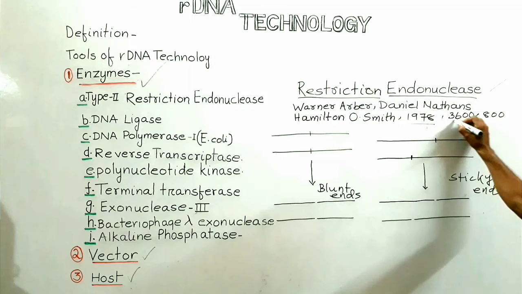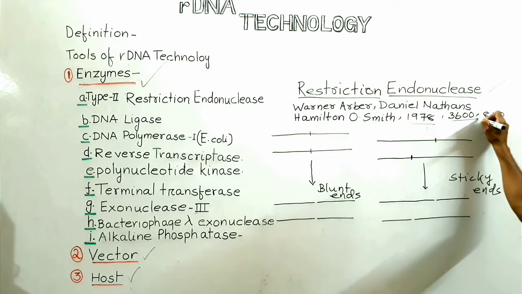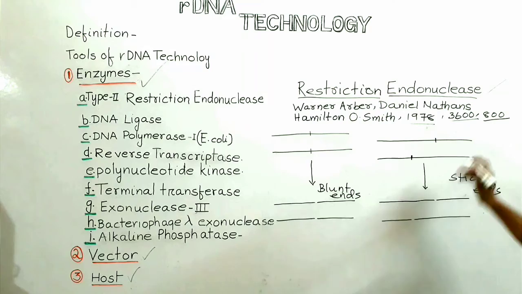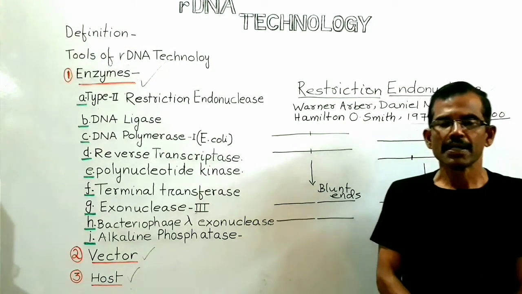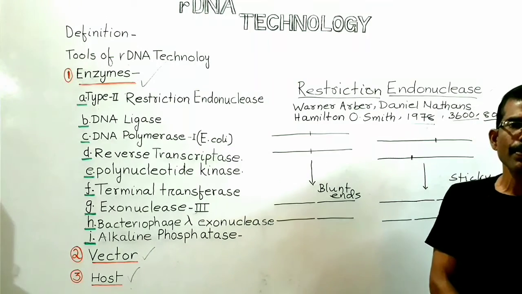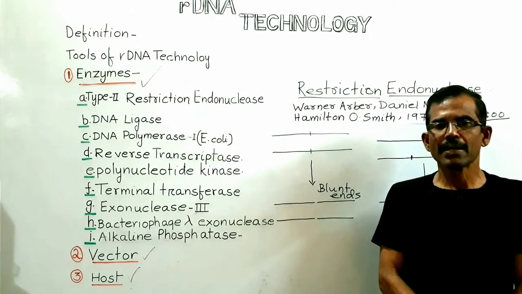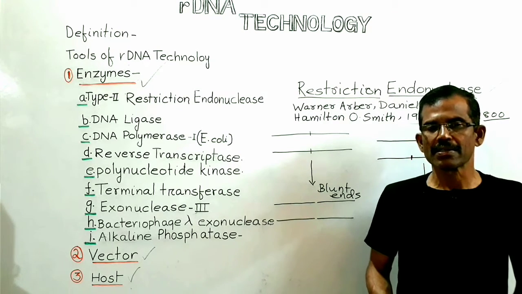Over 3,600 restriction endonucleases have already been identified. Out of them, 800 are available commercially. Restriction endonucleases are present in bacteria and archaea, where they protect the microorganism from invading viruses.